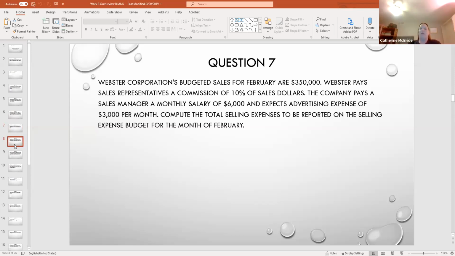Okay, now we're going to figure out selling expenses for February. Not that different than when we did materials. So we want selling expenses, actually it's easier, for February. So Webster Company's budget for sales for February are 350,000.